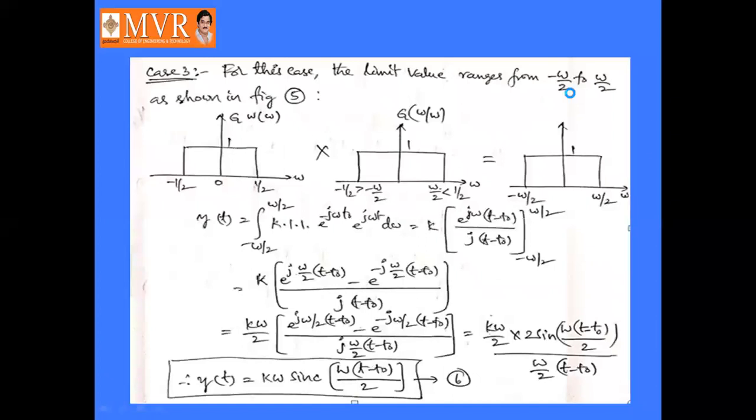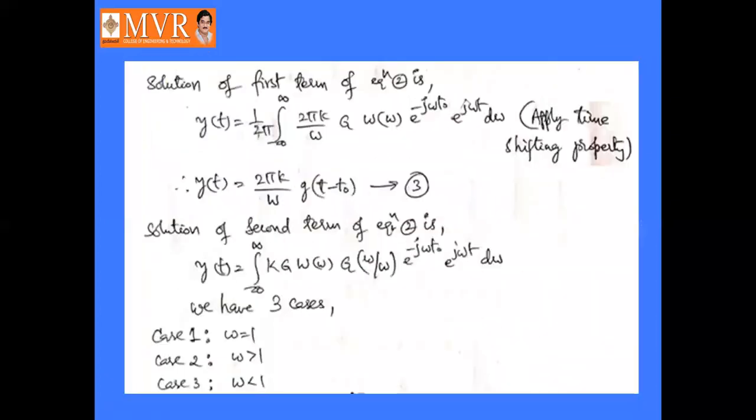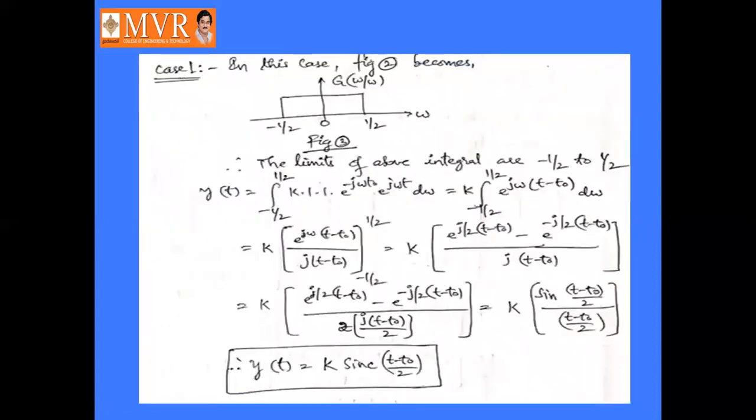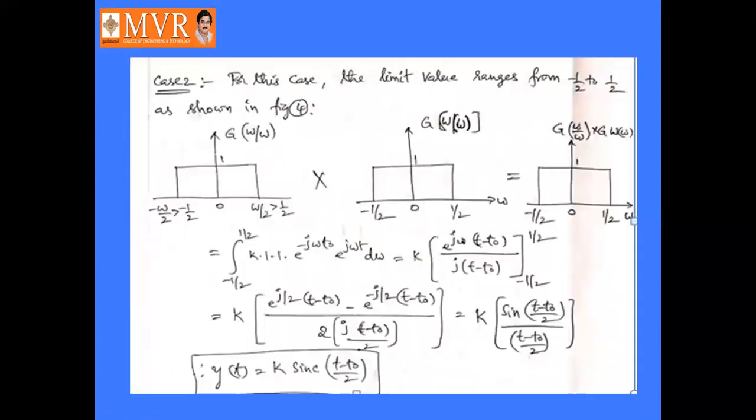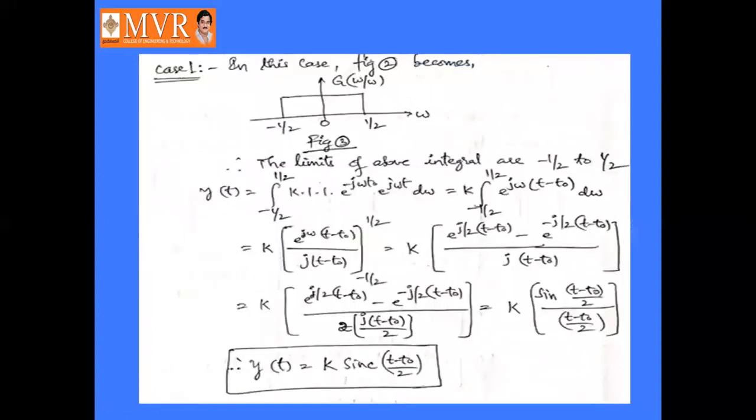Thus y of t equals 2 pi k by omega into g of (t minus t naught) minus k into sinc of (t minus t naught) by 2 for omega greater than or equal to 1. Here these two are case 1 and case 2 from equations 3 and 4. This is equation 3, this is equation number 4, and this is equation number 5.